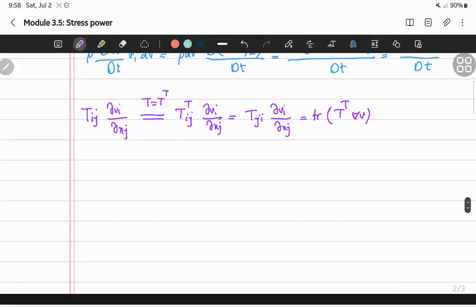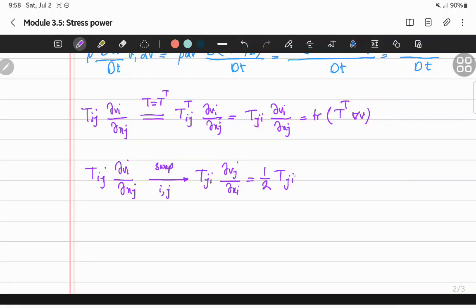All right. This can be further simplified. So if I write, for example, Tij partial derivative of vi with respect to xj, and let's suppose that I swap i and j, then you get Tji partial derivative of vj with respect to xi. So this can be written as, I can break this into two: half of Tji partial derivative of vj with respect to xi plus half of, again, Tji partial derivative of vj with respect to xi.